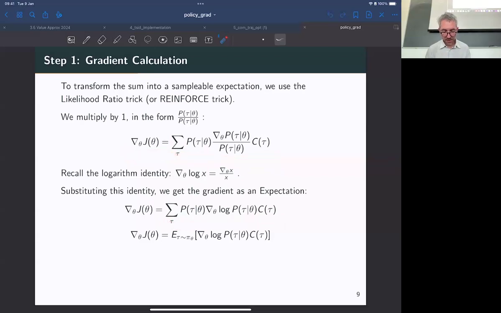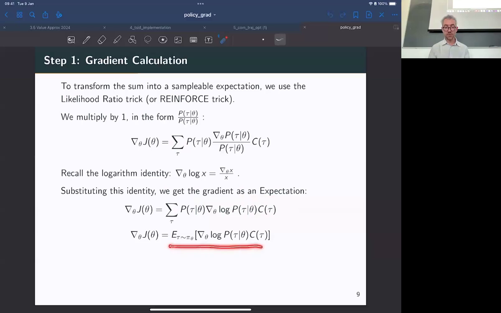And now I should recognize that this summation here, I can rewrite as an expectation because I'm simply multiplying this object here times the probability of tau. And so that's simply an expectation with respect to tau. I'm basically going back to the original form where this is written down as an expectation.